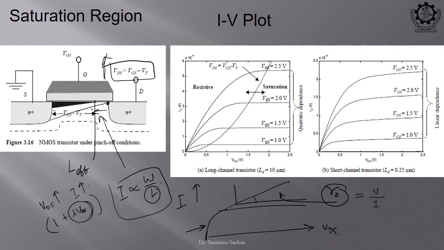So, that V is cancelled, your unit remains current, because here I have a current expression. This is I D sat and I am multiplying this with 1 plus lambda V D S. So, the unit of lambda is V inverse.